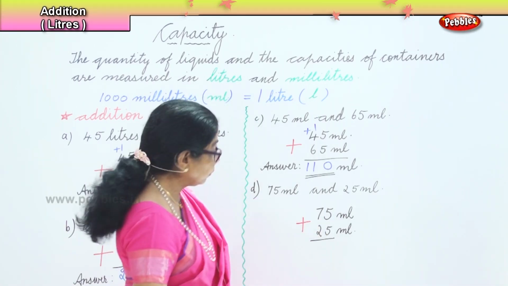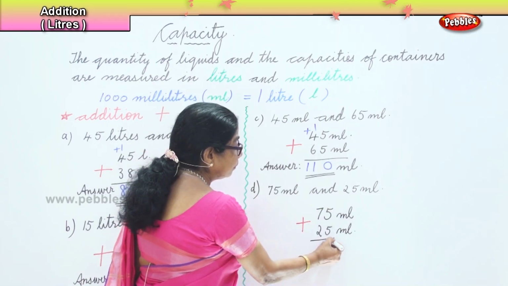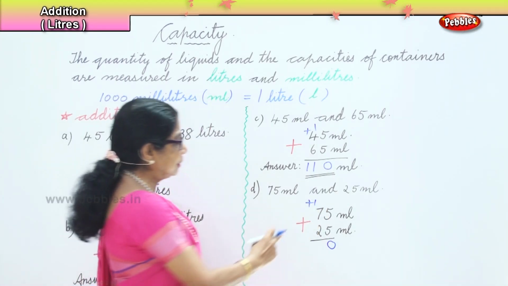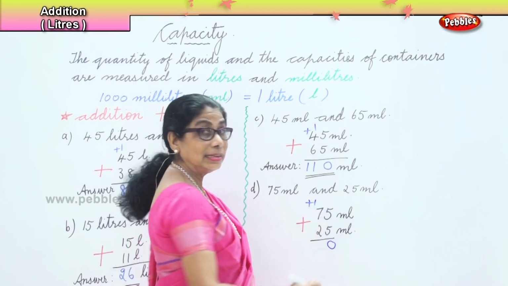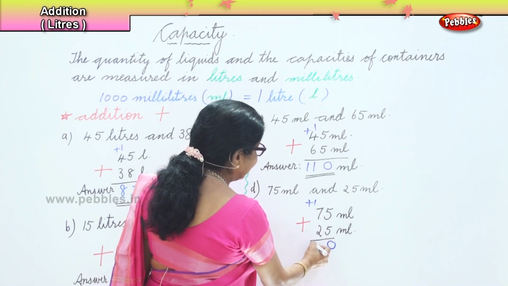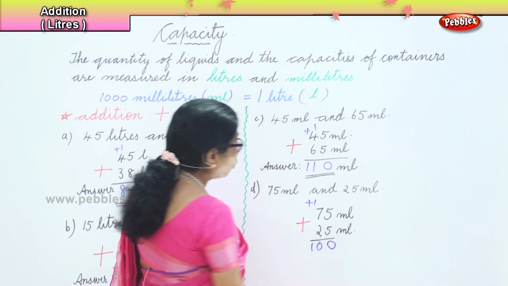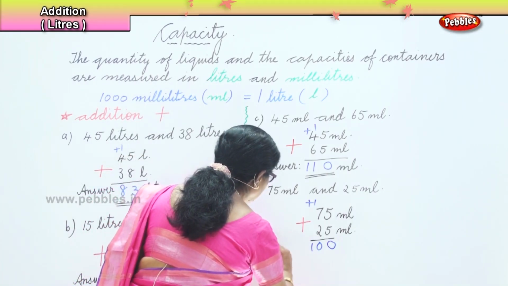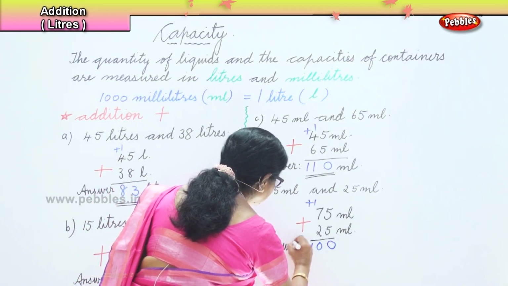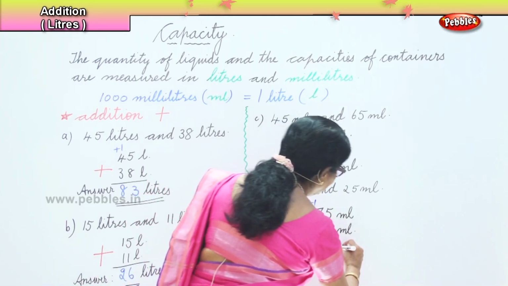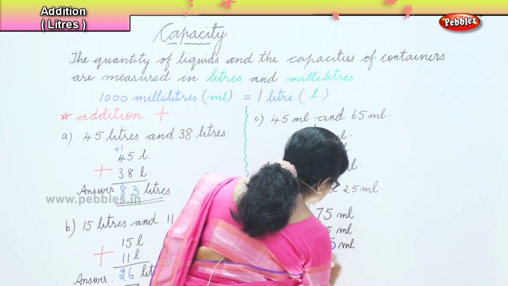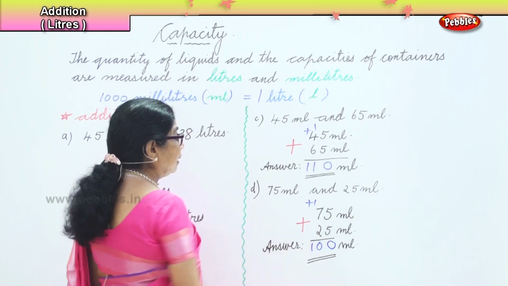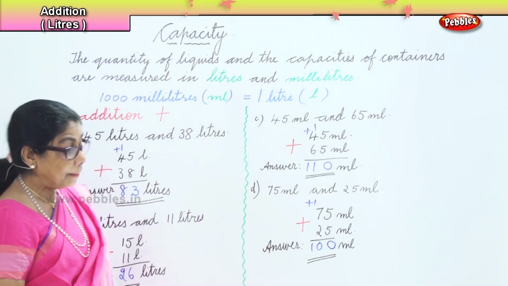Now 5 plus 5 is 10. So you bring 1 forward and place it here. 7 plus 1 is 8. 8 plus 2 is 10. So we have 100 milliliters. So what is our answer? Our answer is 100 milliliters. 75 milliliters and 25 milliliters make 100 milliliters.